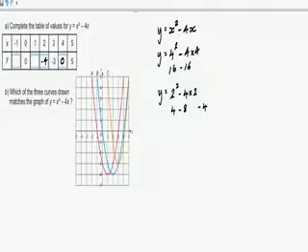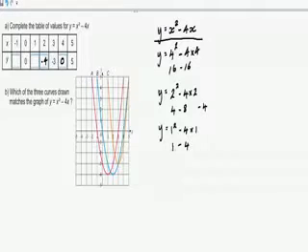Now I go to 1. At this point I can already see the pattern, but you'll see it as I do this. So x is now 1. So y equals 1 squared minus 4 lots of 1, because all we're doing is substituting into this equation. 1 squared is 1, because 1 times 1 is 1, minus 4 times 1 is 4.